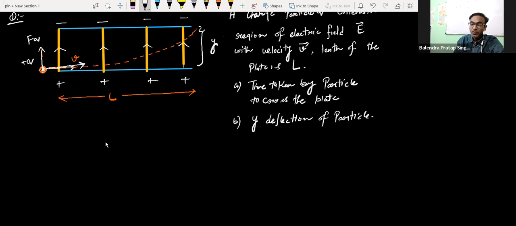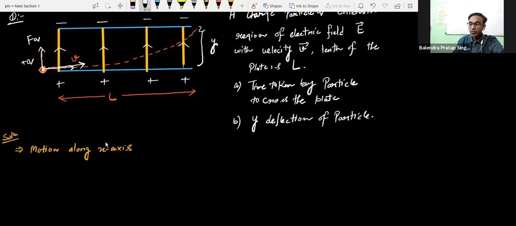So, first part of the solution: motion along the x-axis.